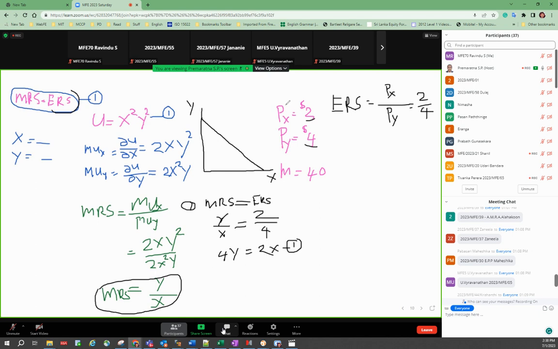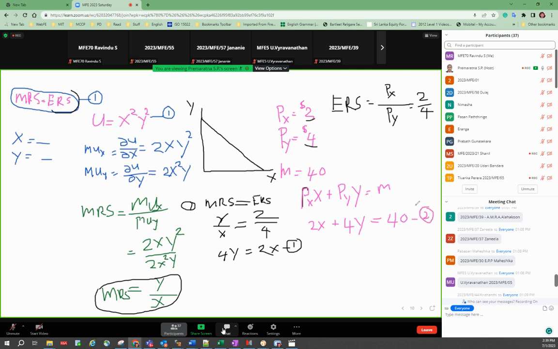To get another equation, you know the budget line, PX x plus PY y equal M. Here we know PX is 2, then 2x plus PY is 4, so 4y equal M, which is 40. So this is the second equation.